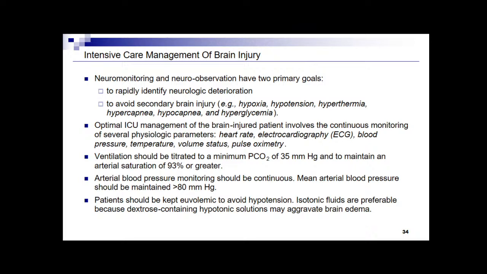In the post-operative period, we must prescribe intensive care management of brain injury.